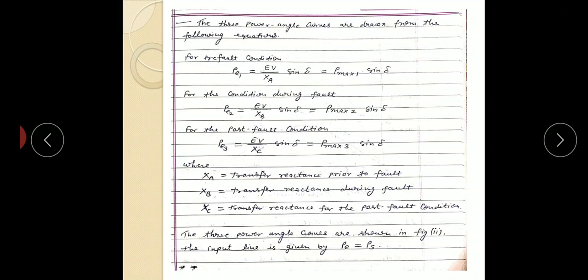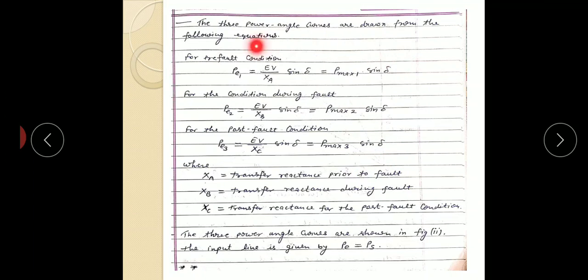For the condition during fault, the next power angle equation, P2, is equal to EV by XB sine delta. This can also be written as P max 2 sine delta. For the post-fault condition, this is P3, the third equation: EV by XC sine delta, which is also equal to P max 3 sine delta.